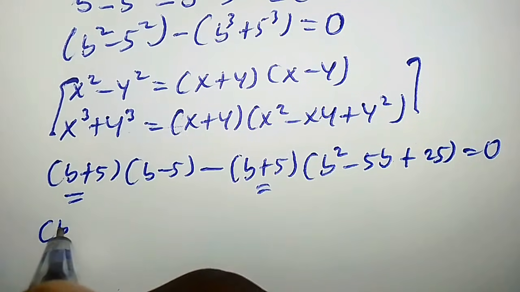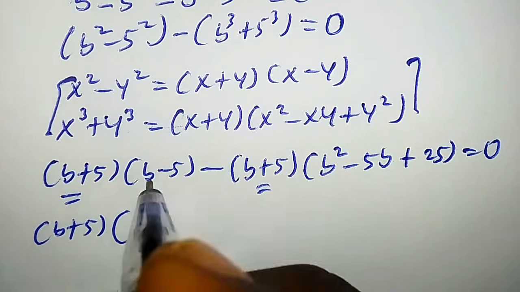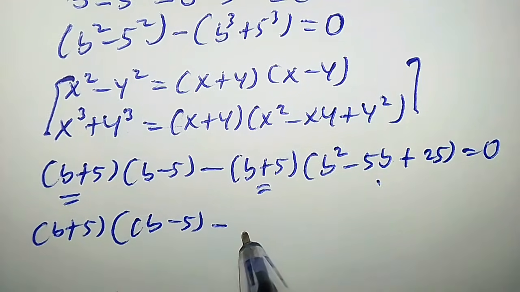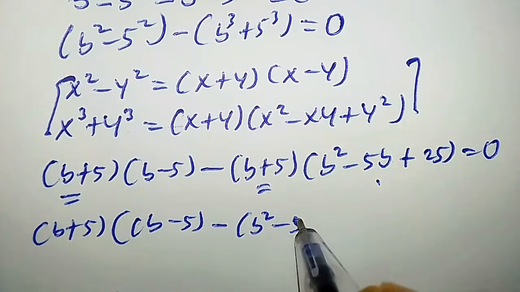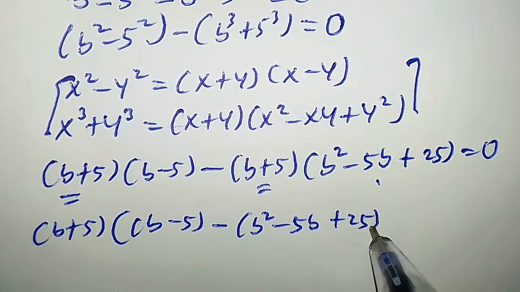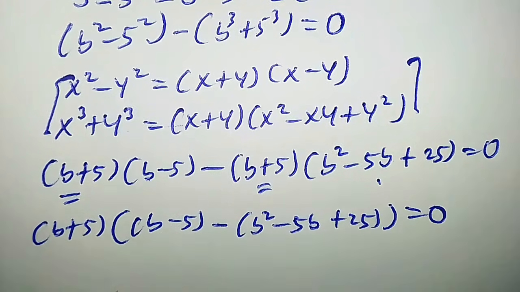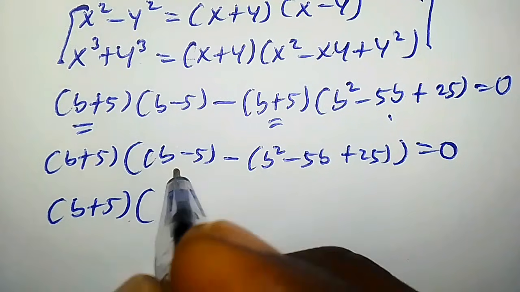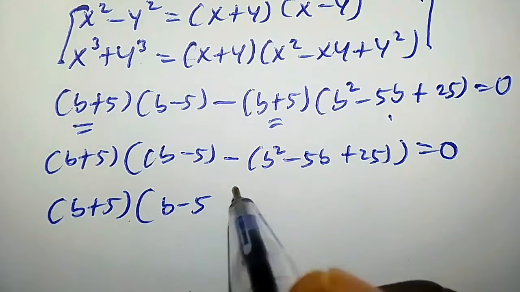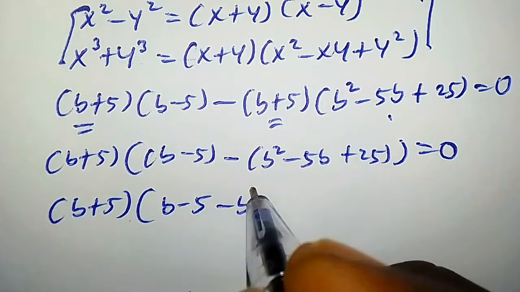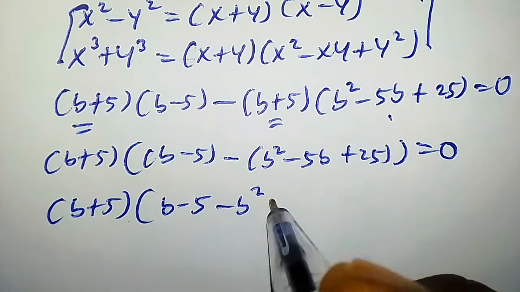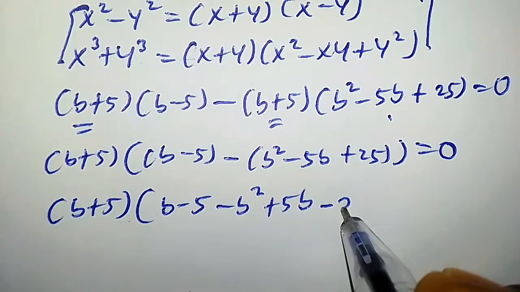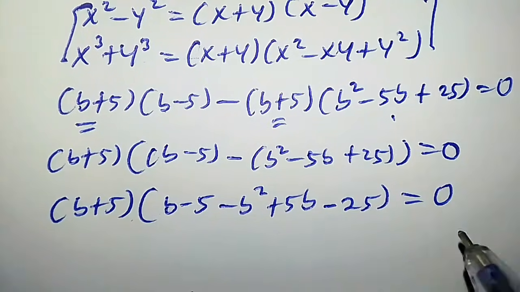So I have b plus 5 into b minus 5 minus this b squared minus 5b plus 25 equal to 0. b plus 5 times b minus 5 minus b squared, that is minus b squared, minus times minus 5b, that is plus 5b, minus times 25, that is minus 25, equal to 0.